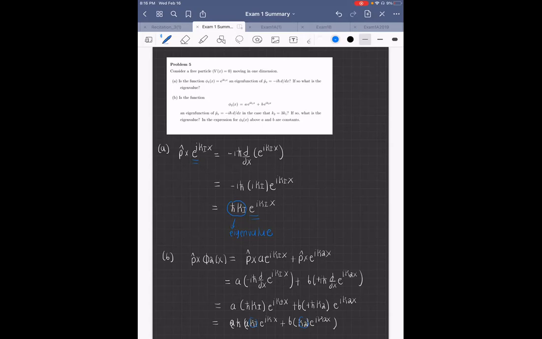And that means it can't be an eigenfunction of the momentum operator. Does that make sense? Yeah, because it has to be a constant multiplied by the whole function. If K2 was equal to K1, then you could call it a constant and it would be an eigenvalue.